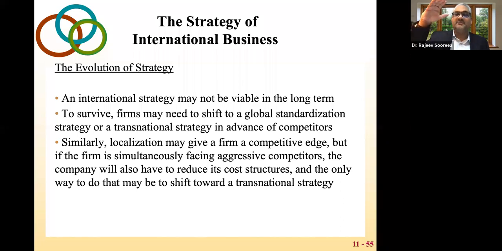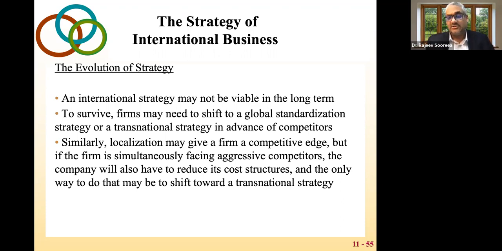As that goes up, you move into a GSS, which is a global standardization strategy, right? So to survive, firms may need to shift to a global standardization strategy or a transnational strategy before competition can really put you out of business.